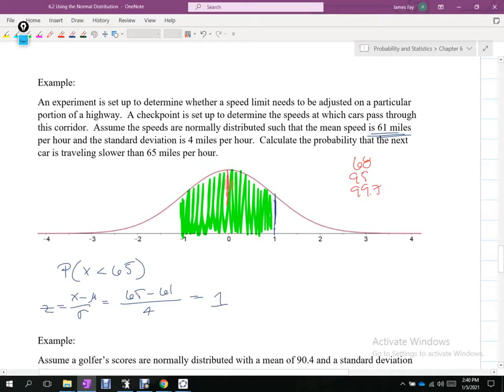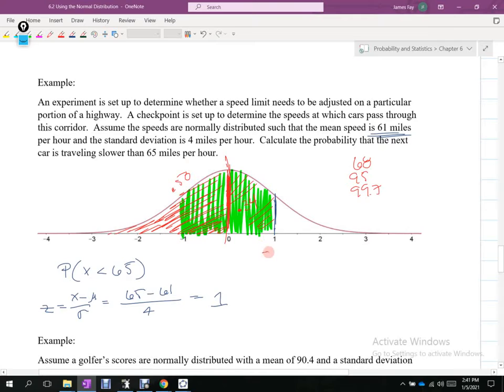That means that area right there would be how much? 68 divided by 2, so 0.34. Okay, how much is this area all the way over here? And now we'd be talking about all of this area. That's got to be 50, right?